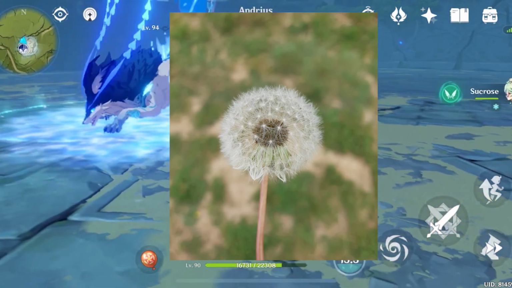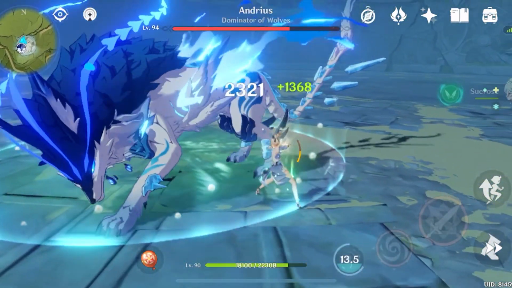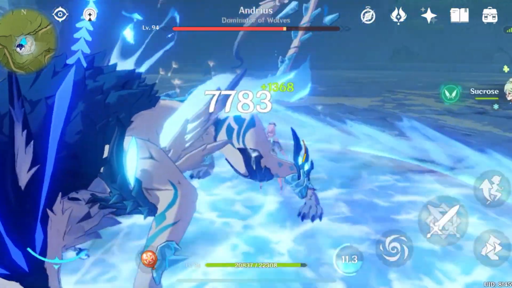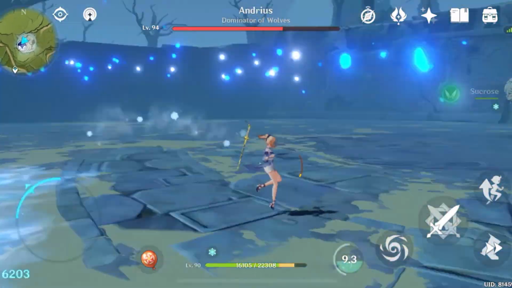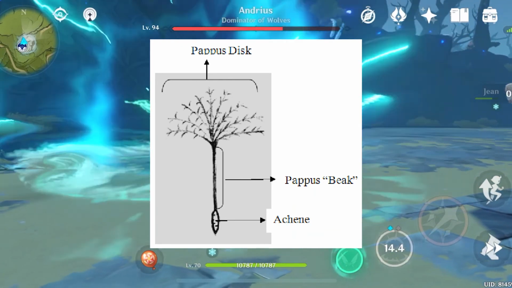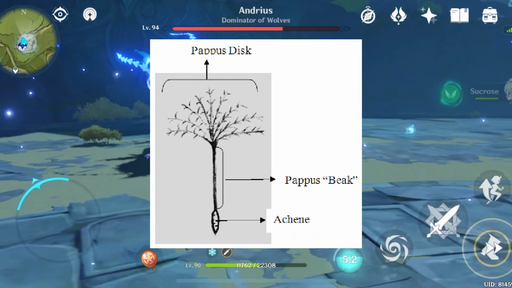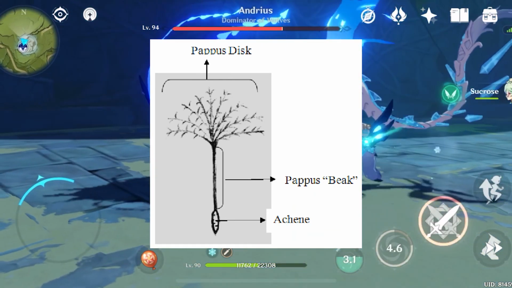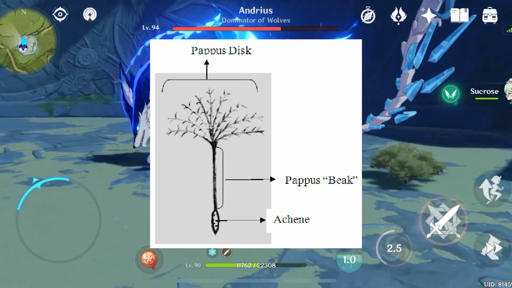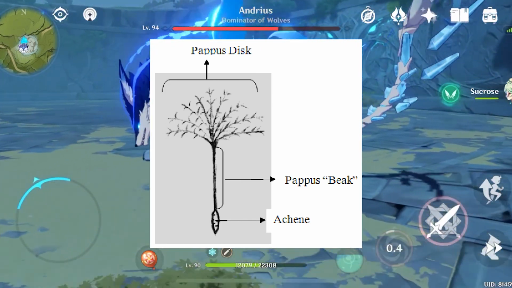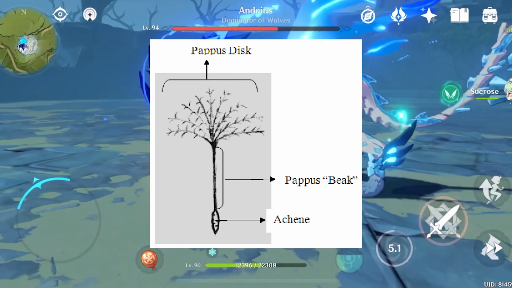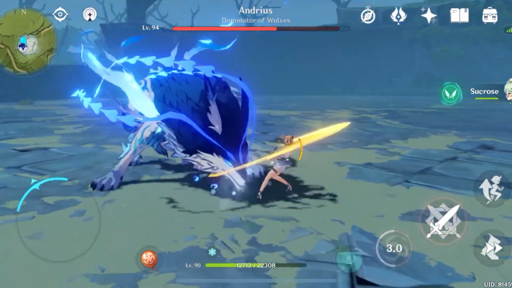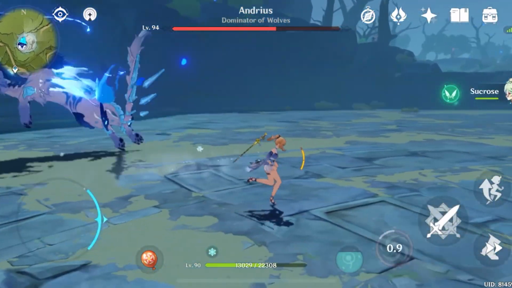Each has a pappus, the white little feathery bristles commonly identified on dandelions, which acts as a sail or parachute, ensuring that the seeds are distributed by the wind.